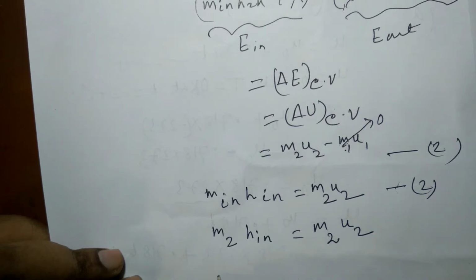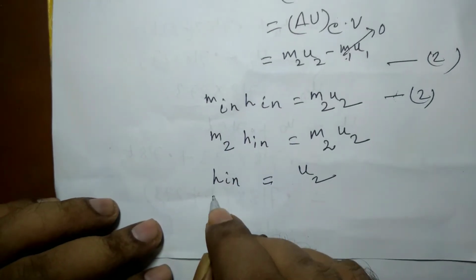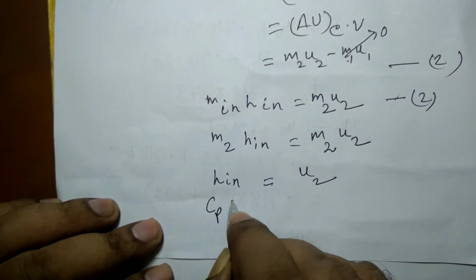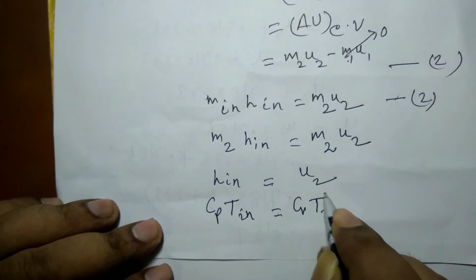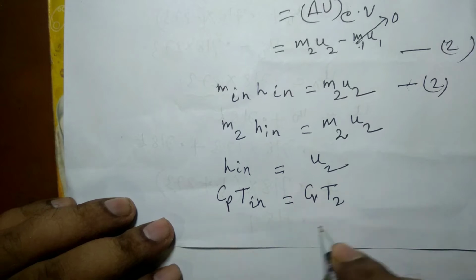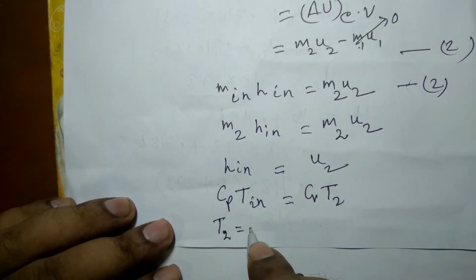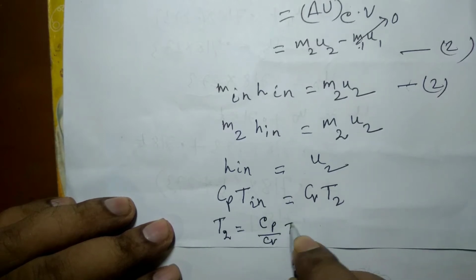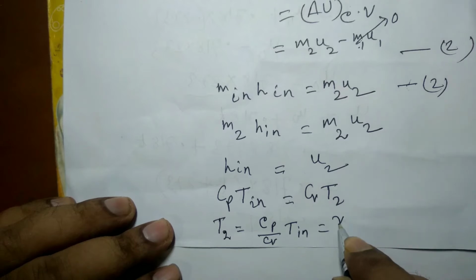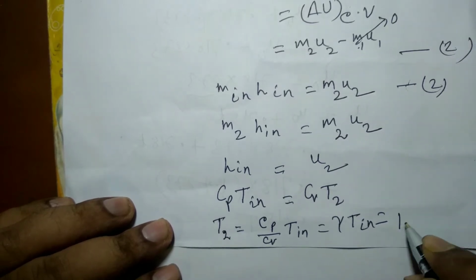From here we get h in is equal to u2. h in we know is Cp T in, and u2 is Cv T2, where T2 is the final temperature, from which I can find T2 equals Cp divided by Cv times T in, that is gamma T in, where gamma is 1.4.